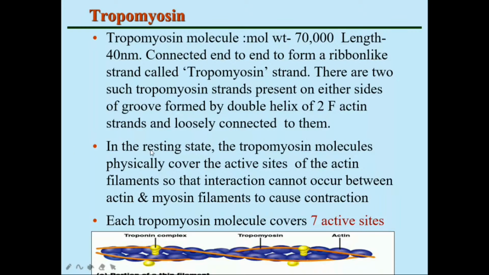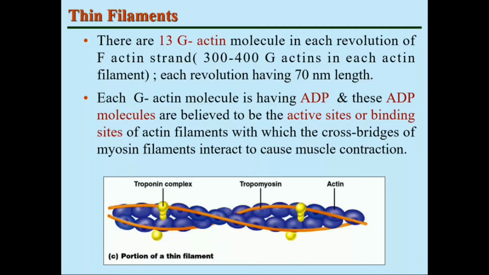So if you look at the diagram, the tropomyosin molecule is an elongated molecule. Each molecule has a molecular weight of 70,000 and a length of 40 nanometers, and such molecules join end to end to form a tropomyosin strand.